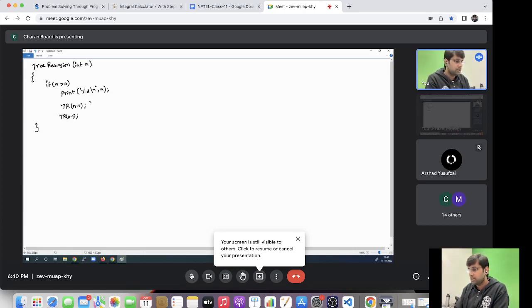So here, recursion happened 2 times. This is called tree recursion.